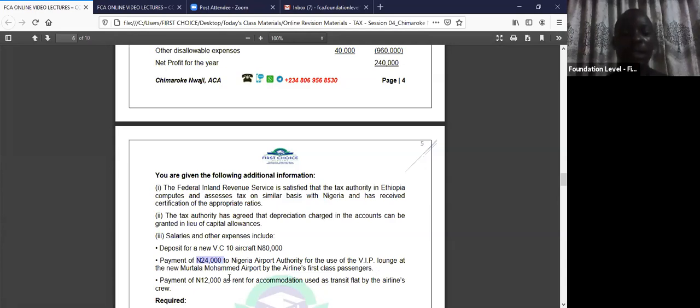Payment of 12,000 naira as rent for accommodation used as transit flats by the airline crew. Transit flat. If the transit income does not belong to Nigeria, why would the transit expense belong to Nigeria? So it is not allowed.